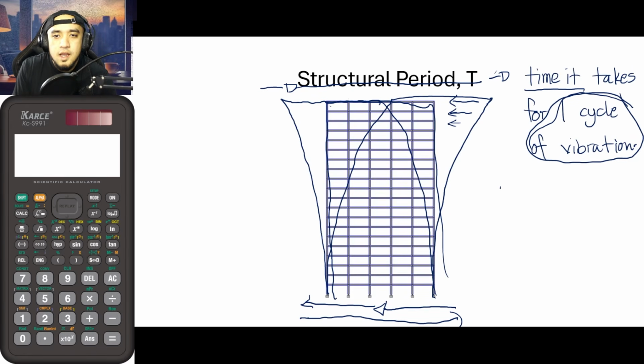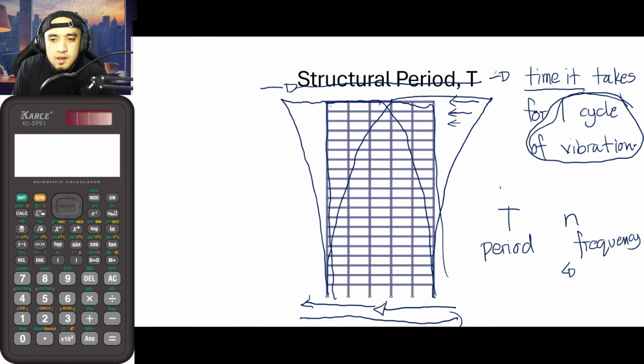What is the relation between period and frequency n? Once again, T is period, n is frequency. So what are the relations? When we say frequency, this is the number of vibrations per second.